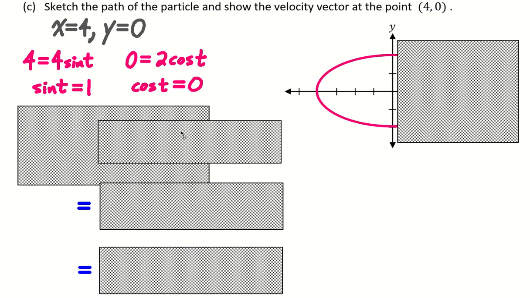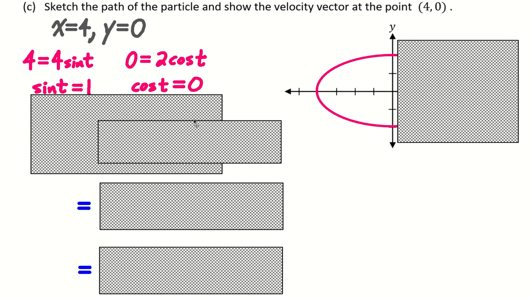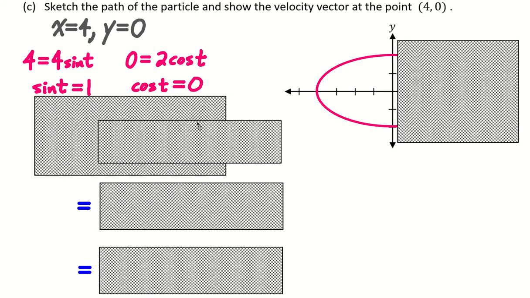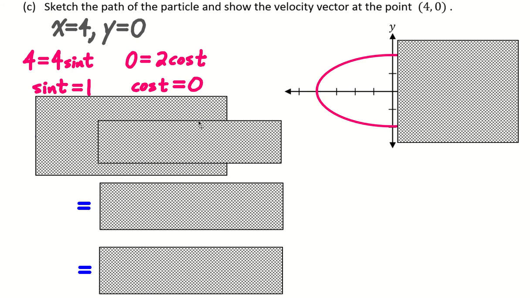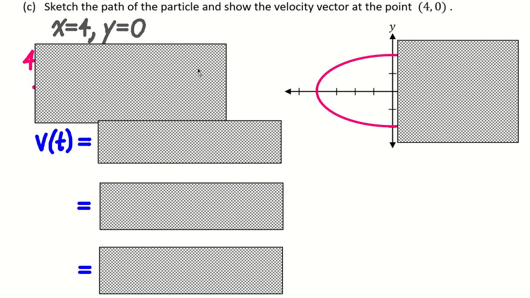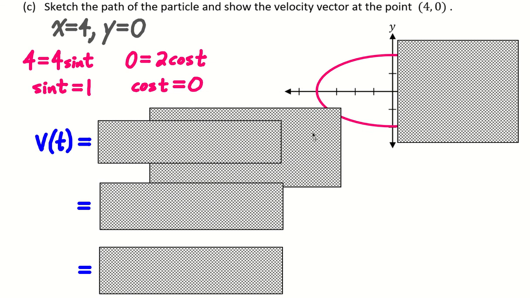So sine of t equals 1. I think all this, again, was unnecessary, but what this shows you is your time value at the position (4, 0).